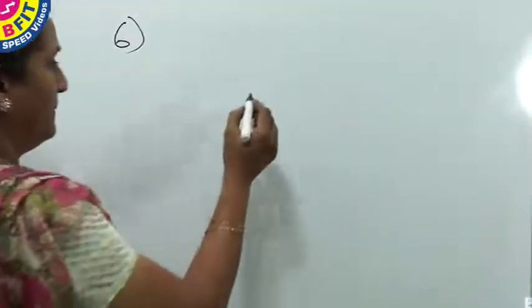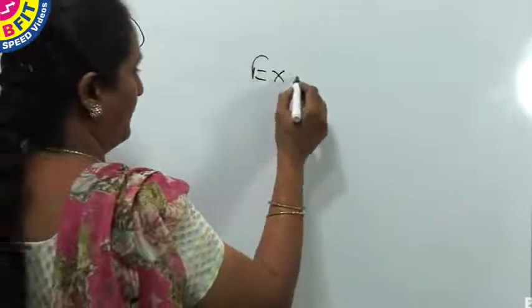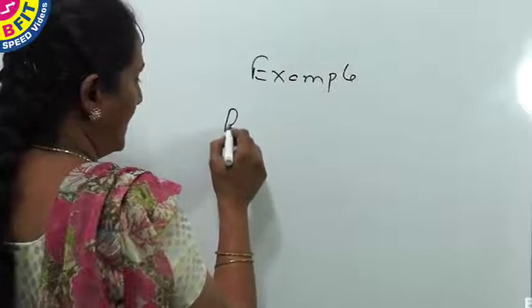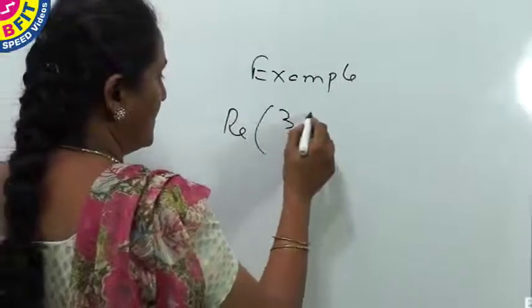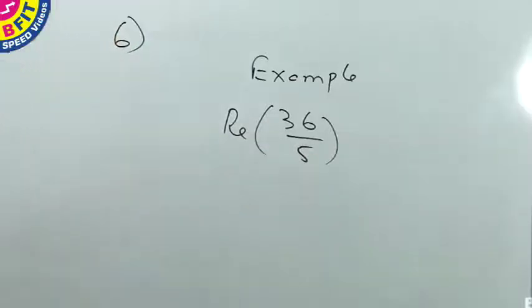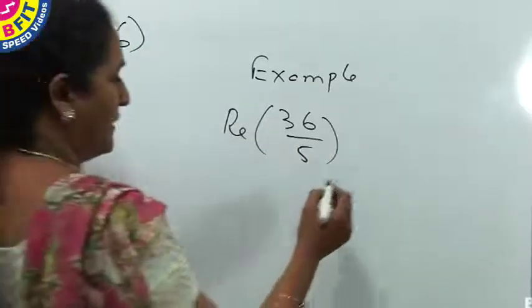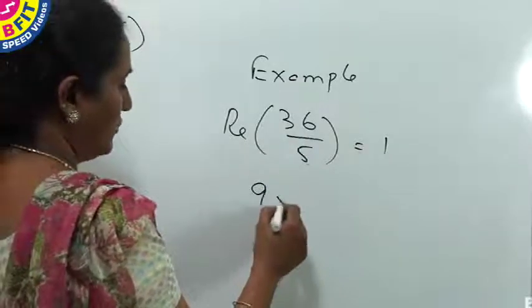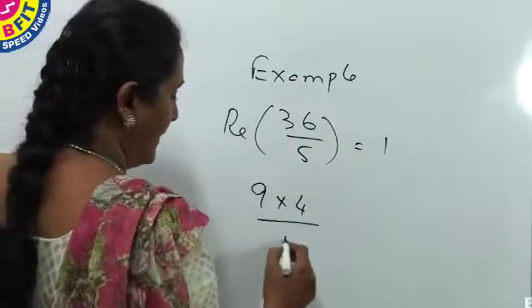We'll see a small example here. Say to find the remainder when 36 is divided by 5. We know that when we divide 36 by 5, the remainder is 1. Suppose this is split into 9 into 4 and then divided.